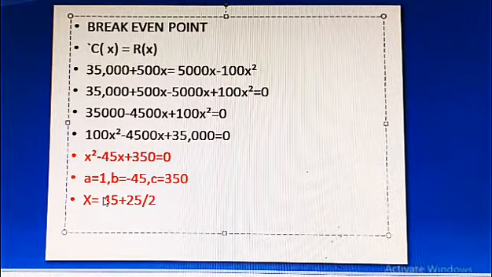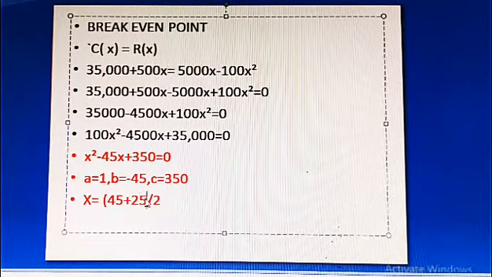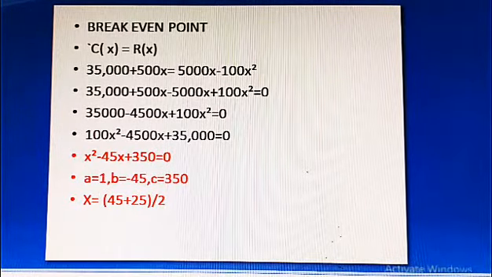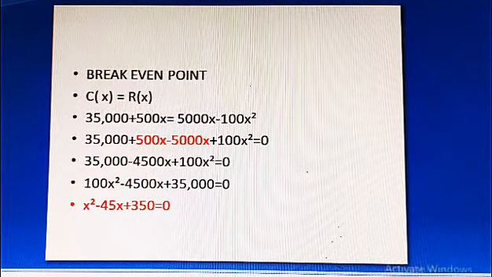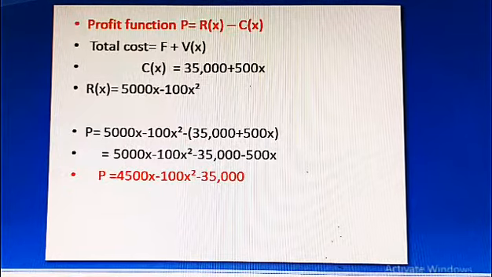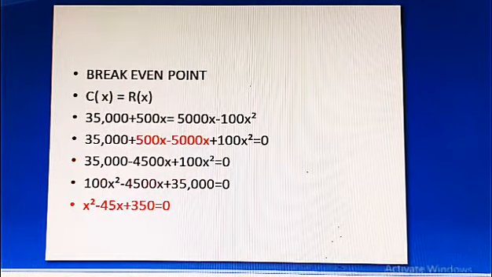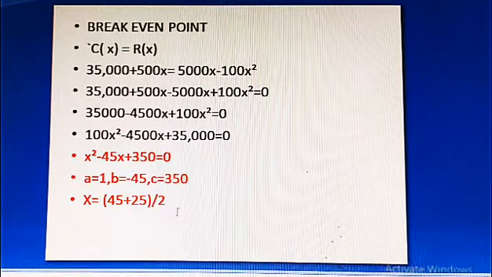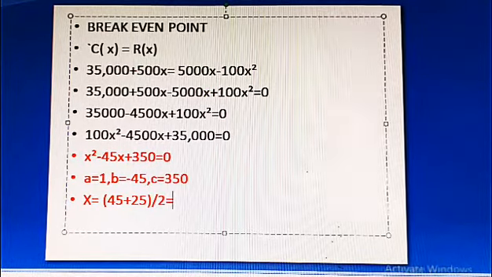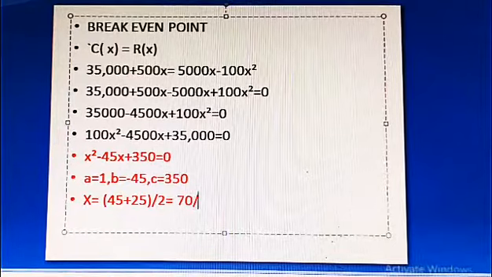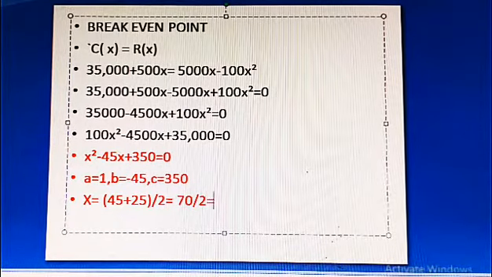So quickly use your calculator and tell me what is 45 plus 25. 45 plus 25 will give you 70. Am I right? So 70 divided by 2 will give you 35.